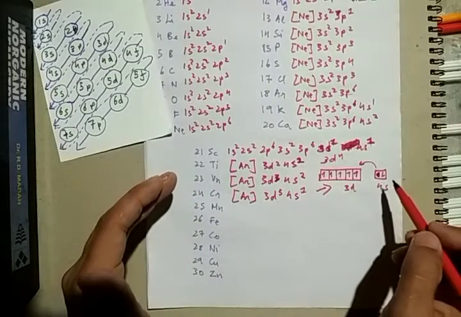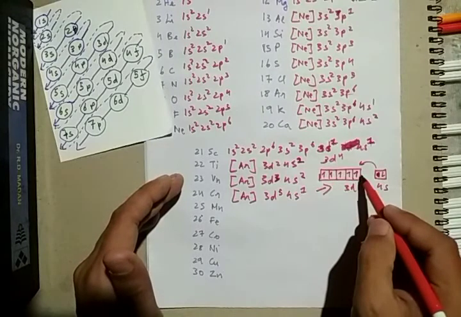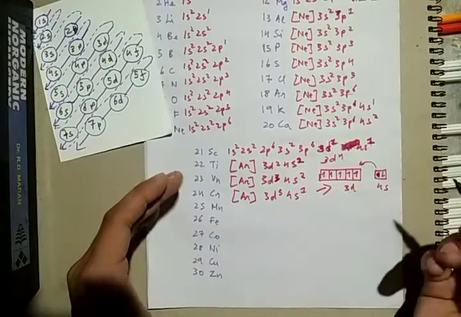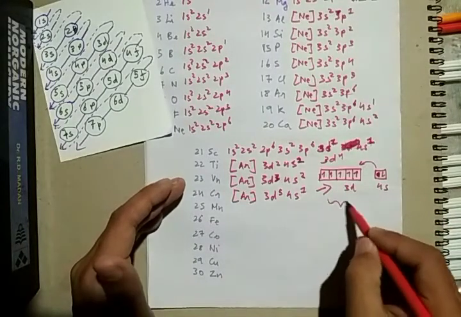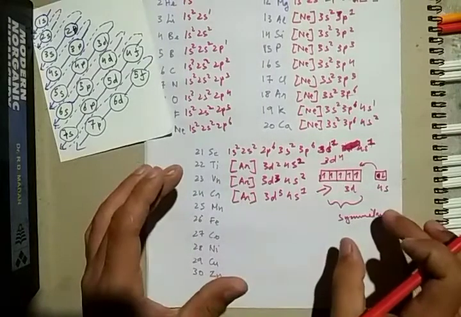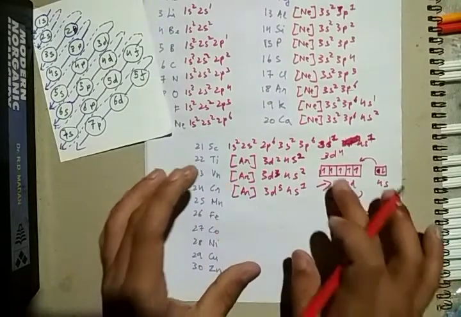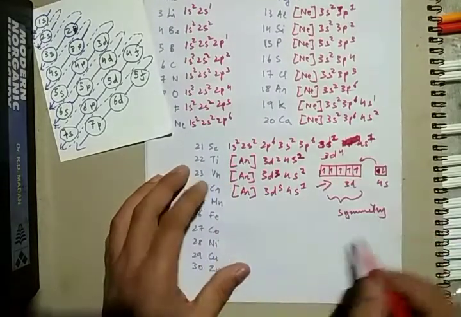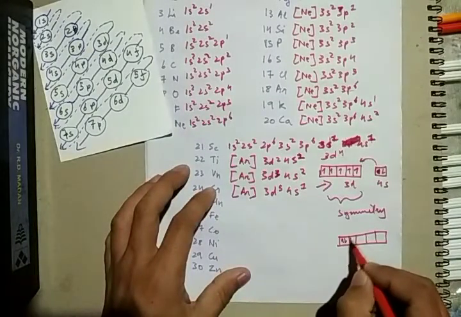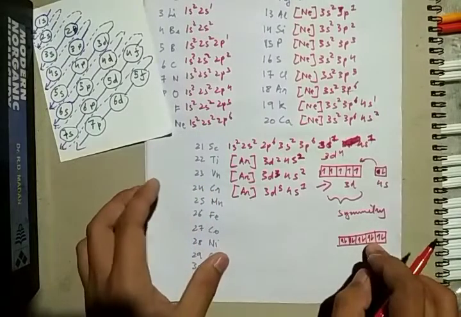So these fully filled and half filled orbitals are stable. Stable means they attain symmetry. Half filled and fully filled orbitals are stable.